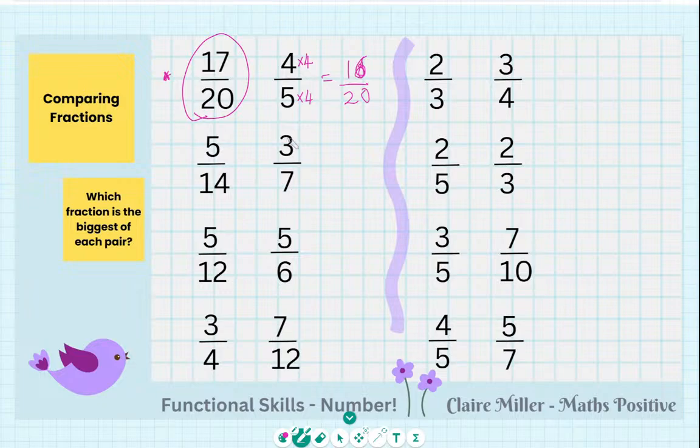5/14 and 3/7. Which one's the biggest? Well, it's quite hard to know, but one method we can use is I can see that I can turn 7 into a 14 by timesing it by 2. That would mean I have to times the top number by 2 as well. The reason we do this, it's a bit like we're cutting the slices into more pieces, right?